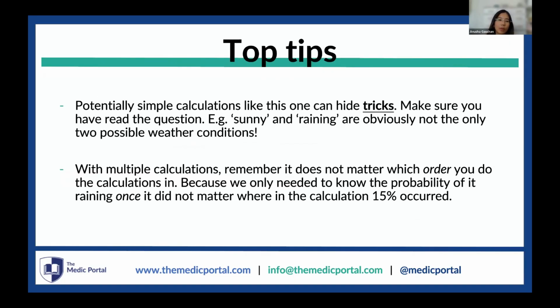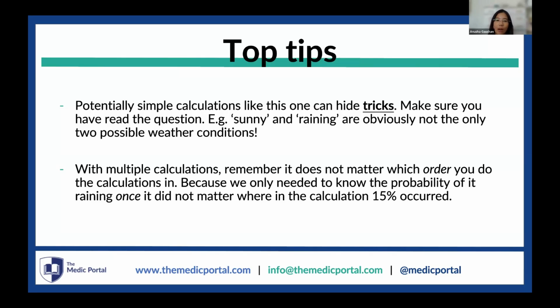This is a simple calculation, but the struggle with this kind of question is that it can often be quite tricky to work through. Obviously, you need to think about how, in terms of probability, there can be more possible conditions other than rainy and sunny. So the probability of it not raining is not just when it's sunny.